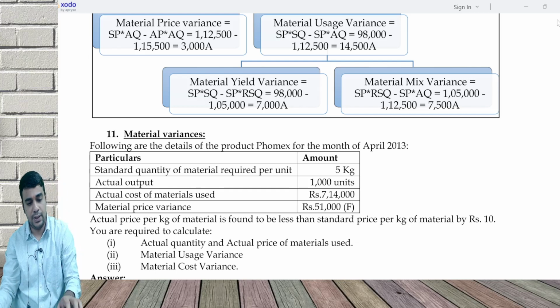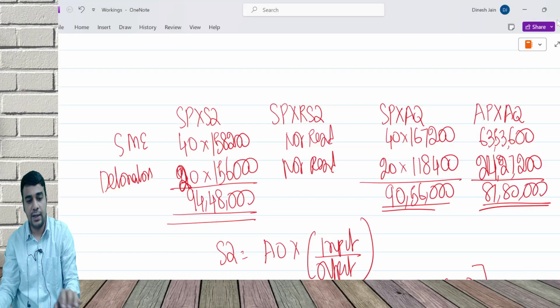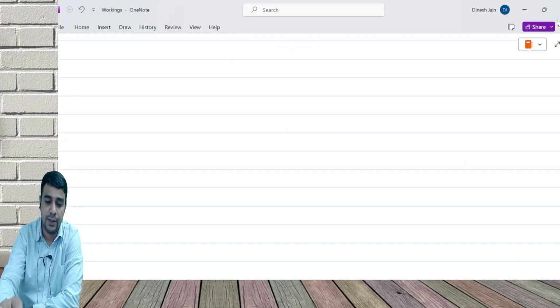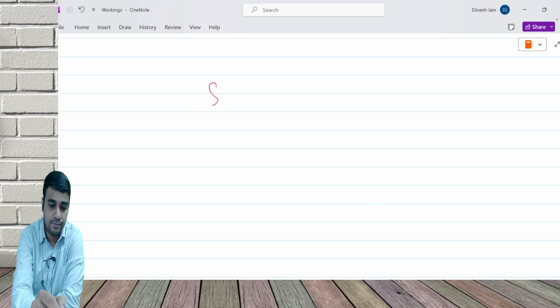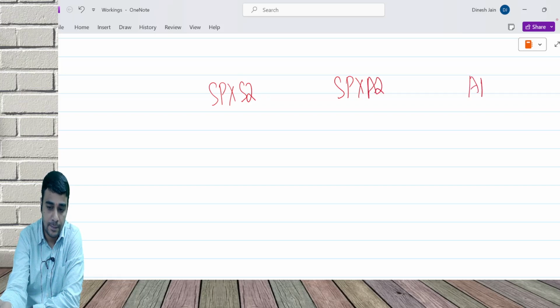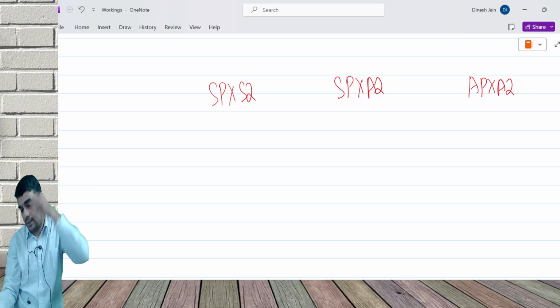Let's put the computation table. It's a reverse working problem. Objective is to get the computation table. SP into SQ. SP into AQ, AP into AQ.